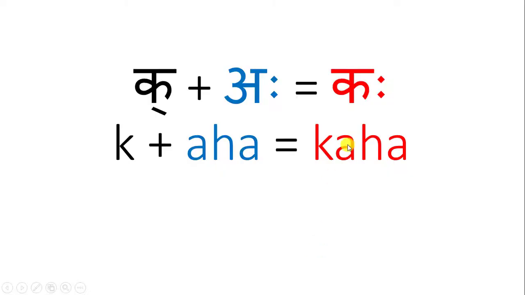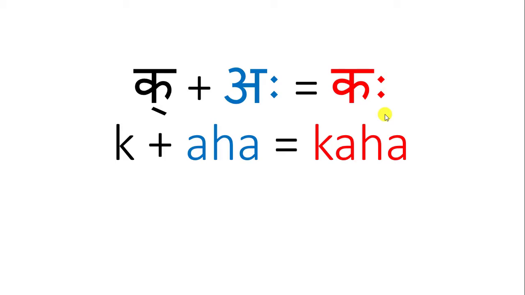The last sound is kaha. You get this sound when you add K to aha. K plus aha equals kaha. There is no example in English which I can give you, so the usage is mainly in Hindi and Sanskrit.